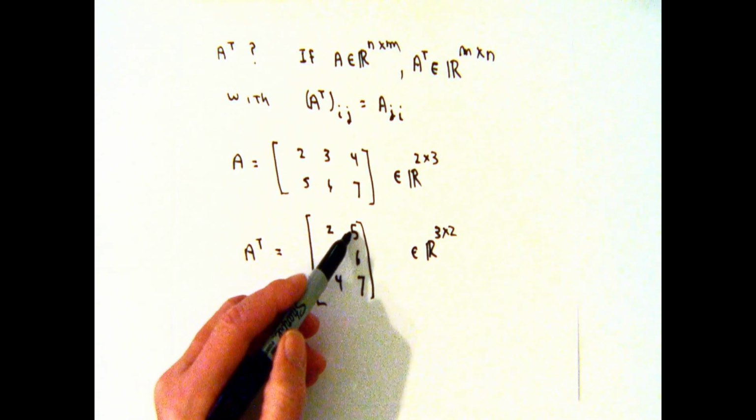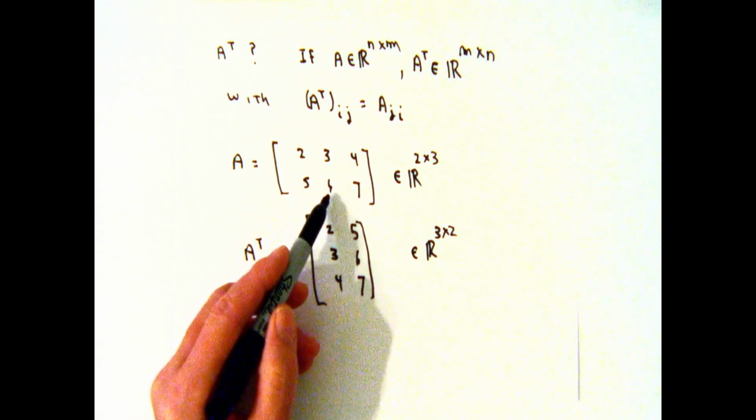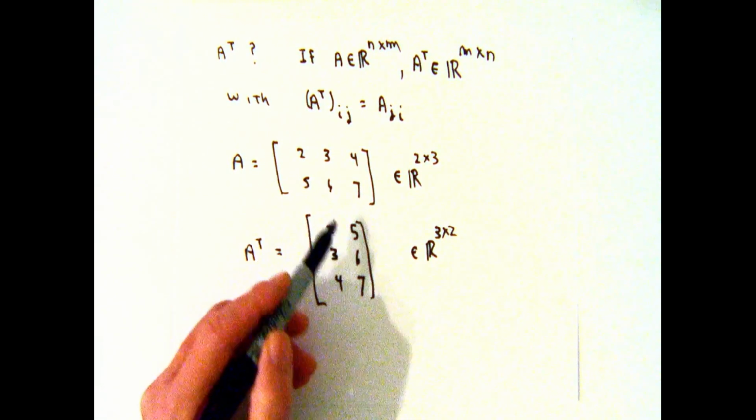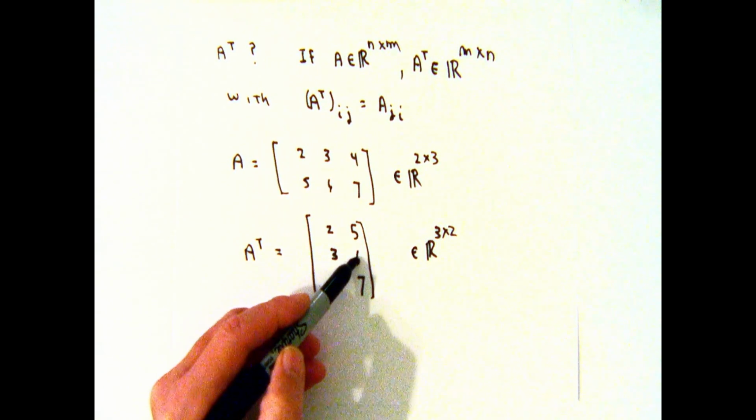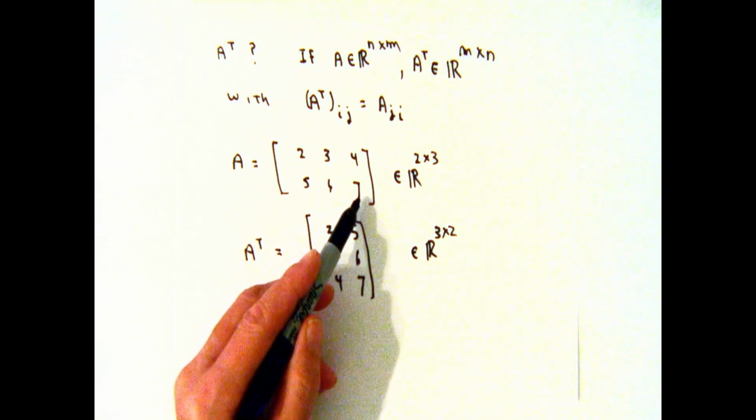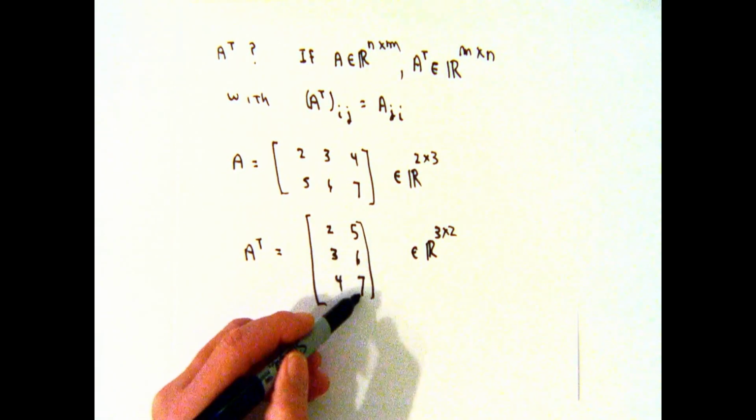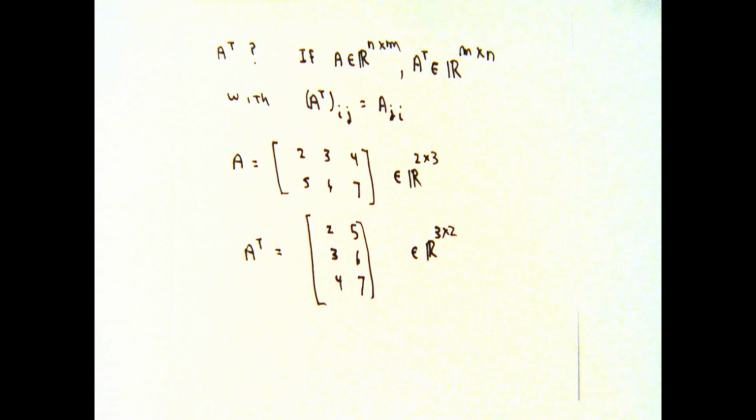Second row, first column. First row, second column. Second row, second column. When you interchange the 2's, you still have a pair of 2's. Second row, third column interchanged becomes third row, second column.